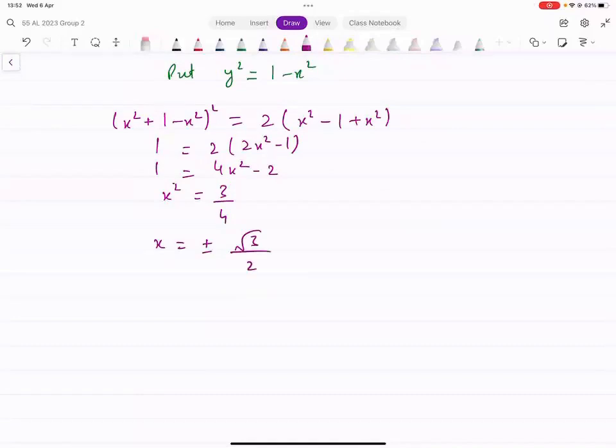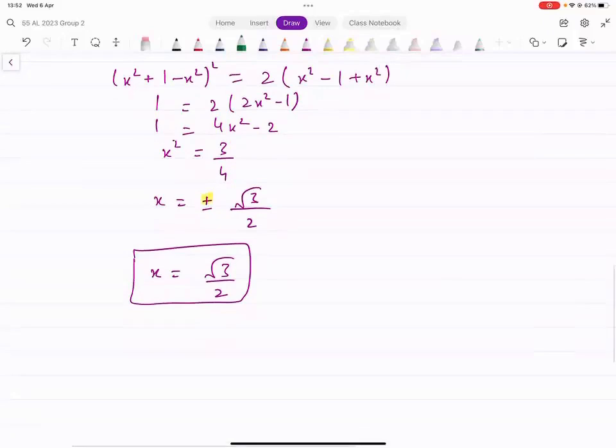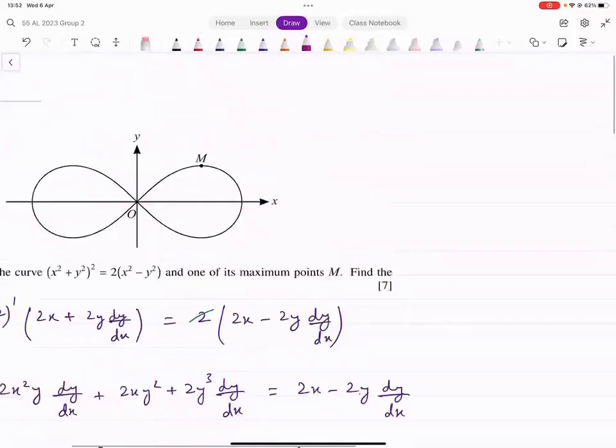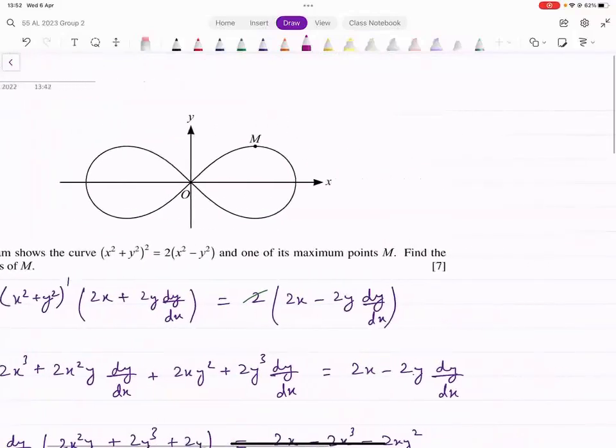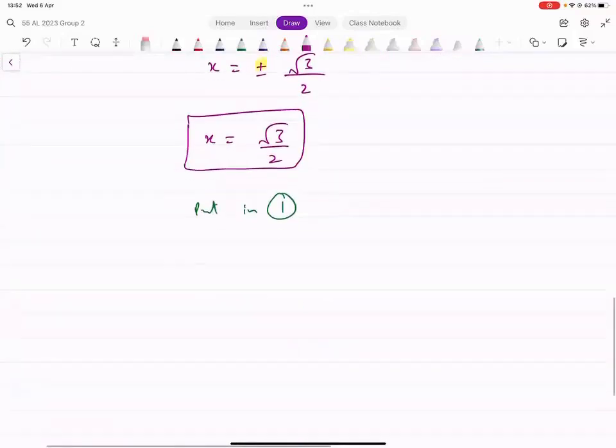Again, क्योंकि x positive है, we only consider the positive value. X equals square root of 3 over 2. ये x कोऑर्डिनेट आ गया. इसको पुट कर दें वापस इक्वेशन 1 के अंदर. y कोऑर्डिनेट चाहिए हमें. Yeah, we need both coordinates.